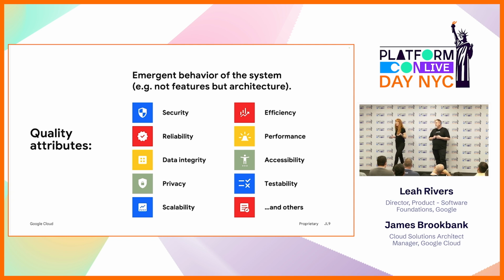You could build that profile into almost any architecture, whether you have a giant monorepo or a small collection of services. But if you think about how fast that profile loads or how secure the data is, those quality attributes, you can't just add those on the way you can add on another feature. They're fundamentally tied to the architecture.